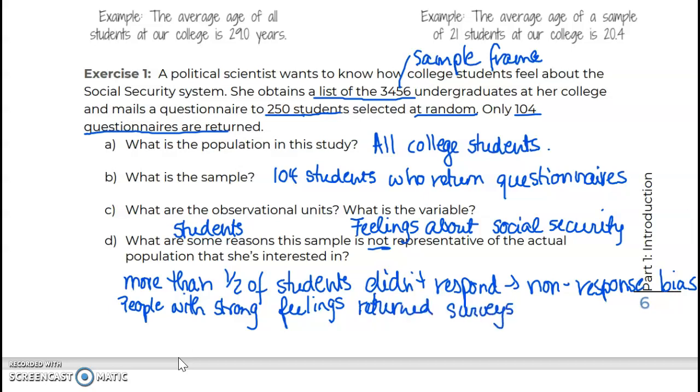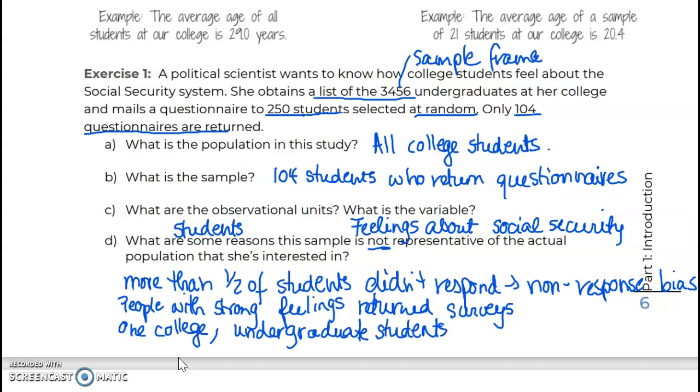But that's not the only problem, because she wants to know how college students feel about, and she only chooses students from her one college. So that is another problem. We have just one college. In particular, she's only looking at undergraduate students. So there's also graduate students that she didn't consider.